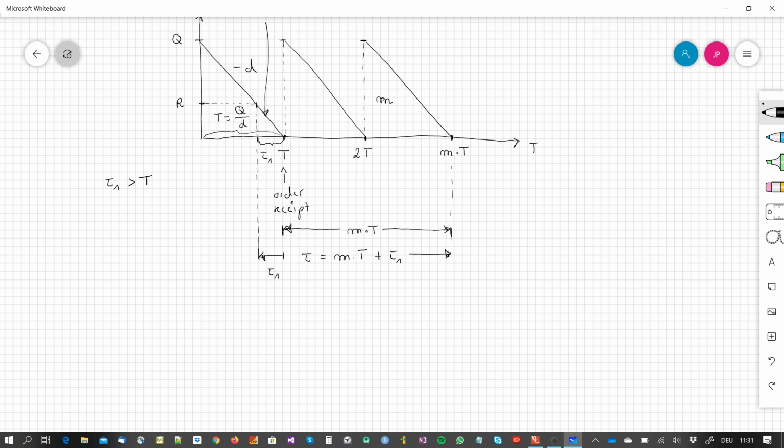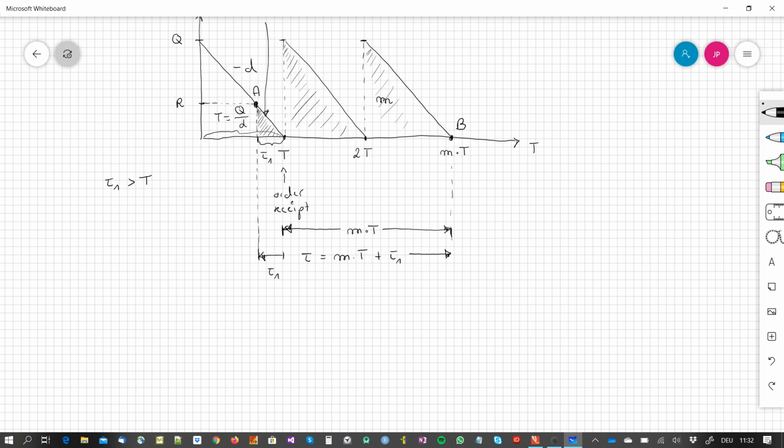If we define now this order point here as A and the point in time here as B, then we want to know how much to order, so we need to consider this space, this one, and all the repetitions of the cycle.